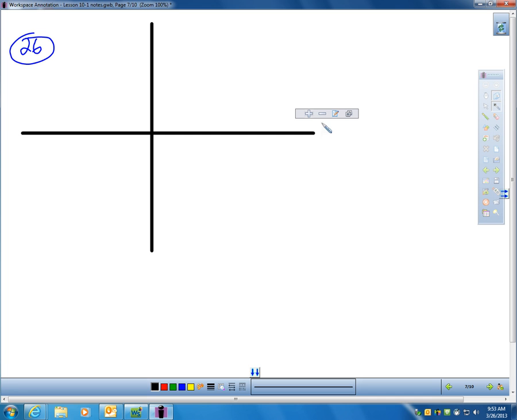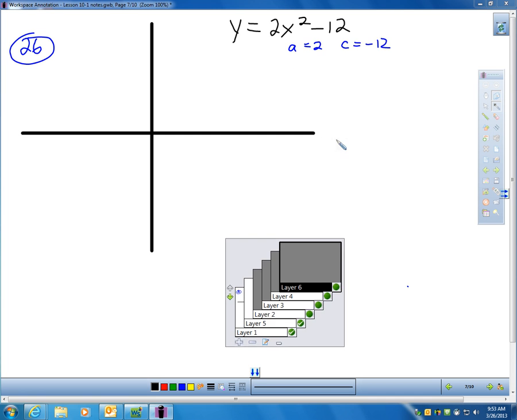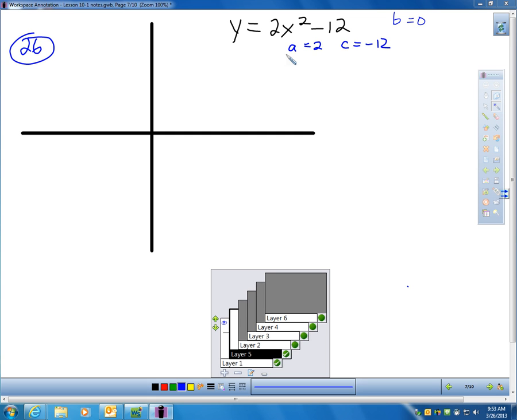So here's the first thing I notice. I noticed 3 things. A is 2, C is negative 12, and of course, B is 0. All right, so since A is 2, from what we just talked about in our video, I know that this graph is being stretched in comparison to the parent function.